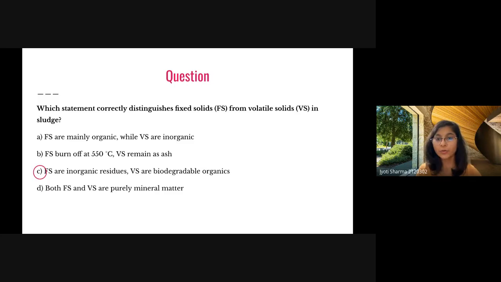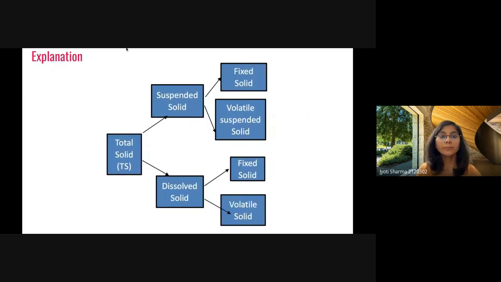And let me show you more explanation for this. So we have total solid, right? In that total solid, we have suspended solid and dissolved solid. Suspended are those that are not dissolved, right? That are suspended on the surface of your, let's say, wastewater.